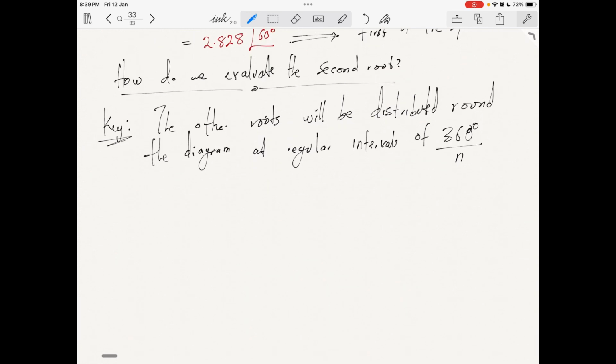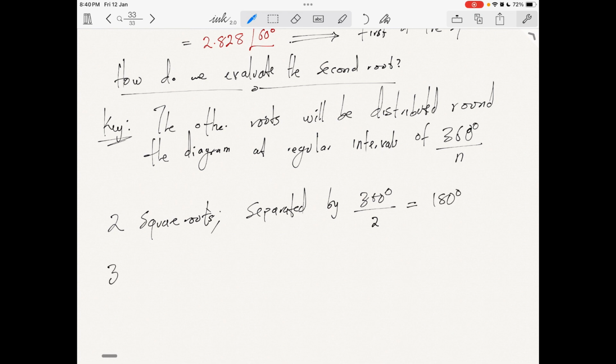So therefore, if we are to evaluate square roots, that is two square roots, the complex numbers of the square roots will be separated by 360 degrees over n, that is over 2, because n is equal to 2, which is 180 degrees.